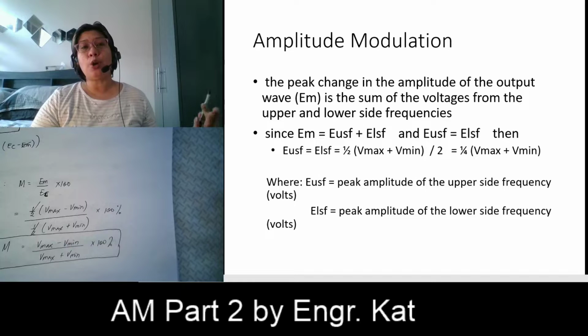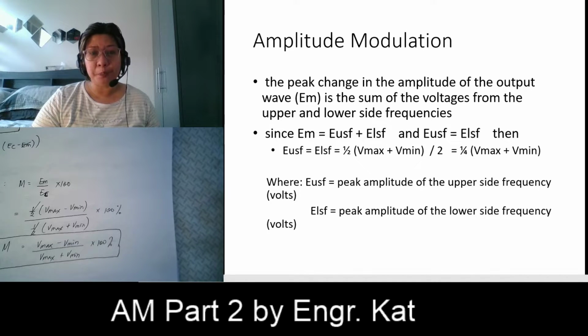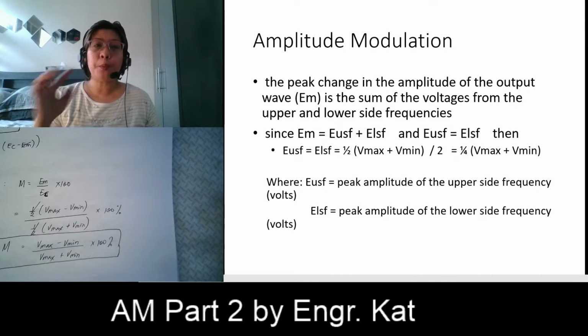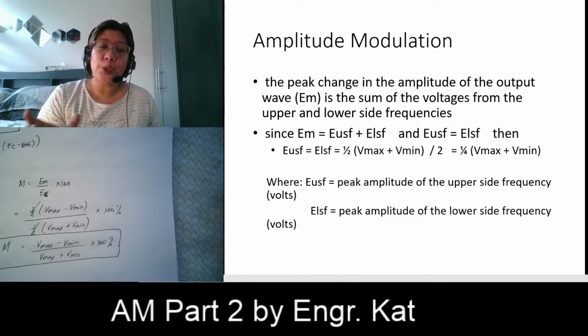And since we are talking about a symmetrical waveform, that is equivalent to the amplitude of the upper sideband. In our previous video, we just got the frequencies of the sidebands.